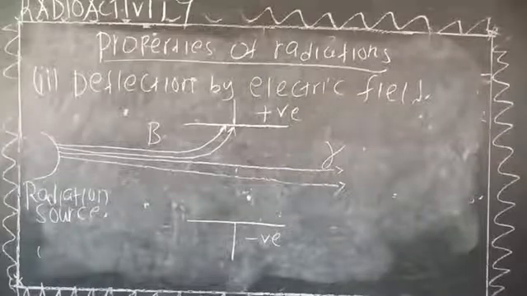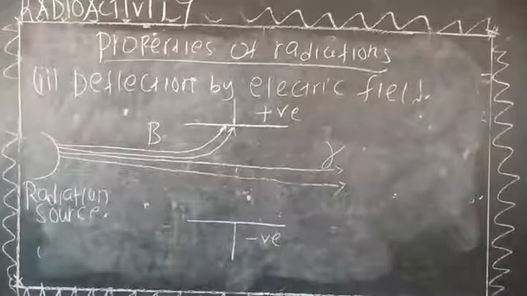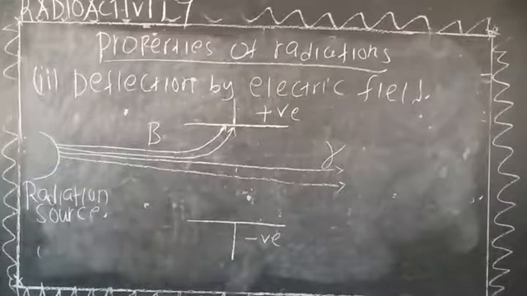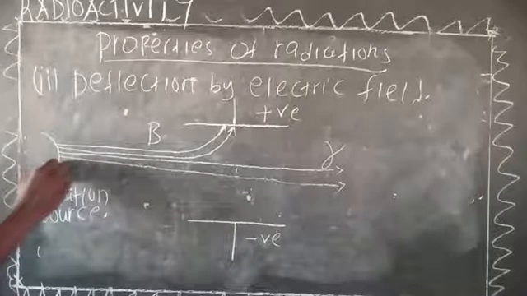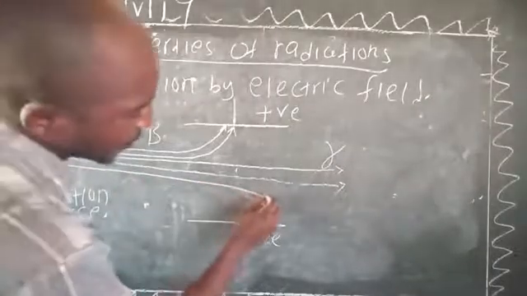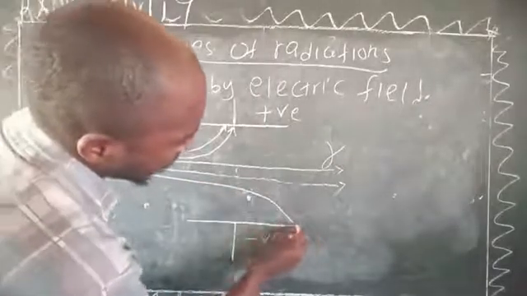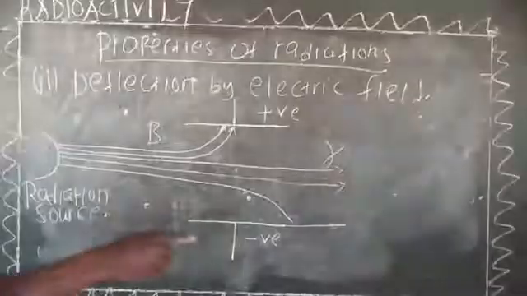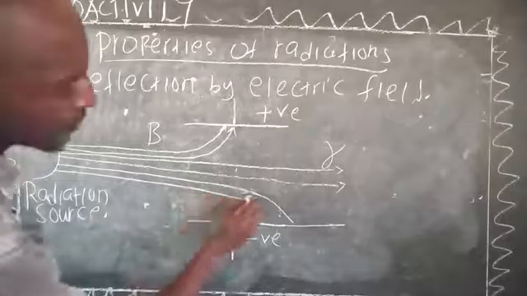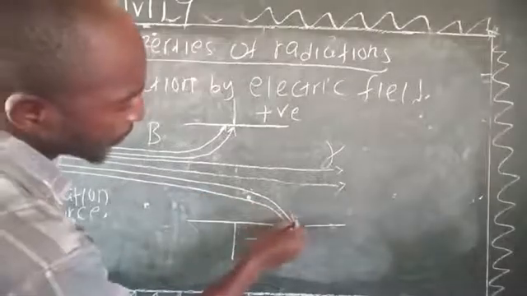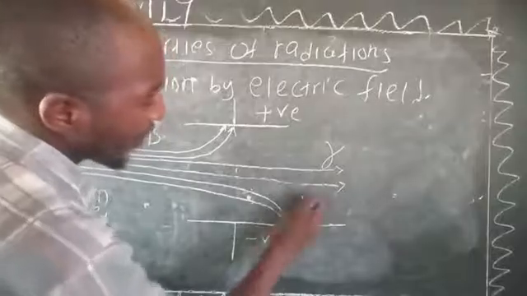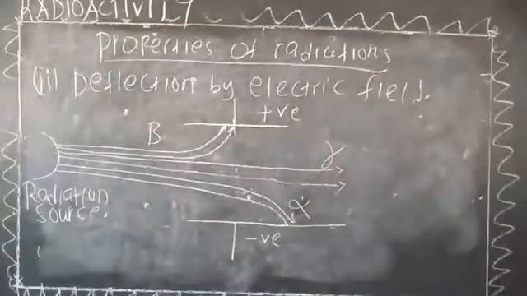Again, the alpha particles are positively charged, and for that reason they are attracted towards the negative plate of the electric field, and this is what we call the alpha particles.